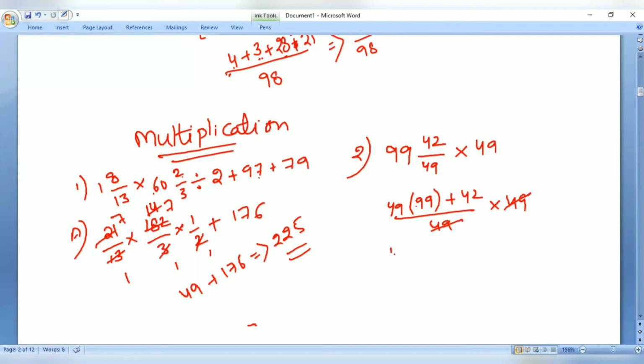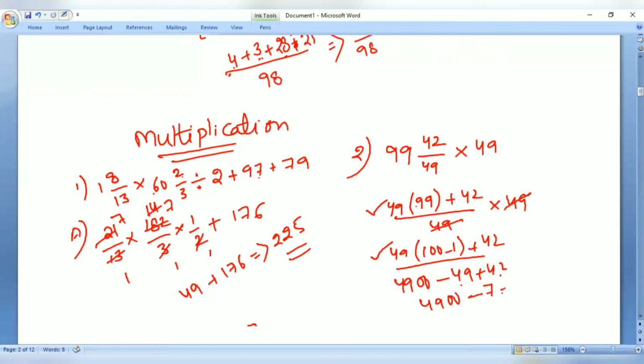This we can express as 49 into 100 minus 1 plus 42. Instead of doing this step, we should go directly to this particular step to clear the problem. So 49 into 100, again 49 minus 49 plus 42. So 4900 minus 49 plus 42.